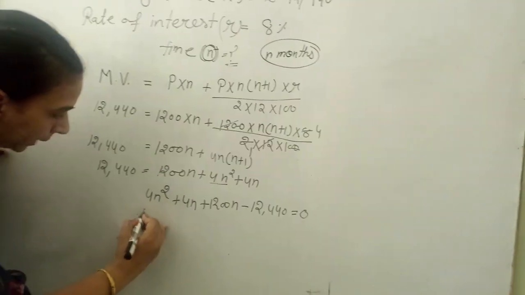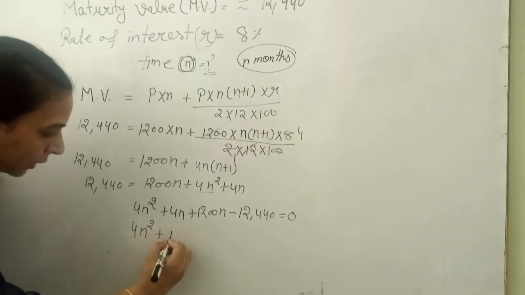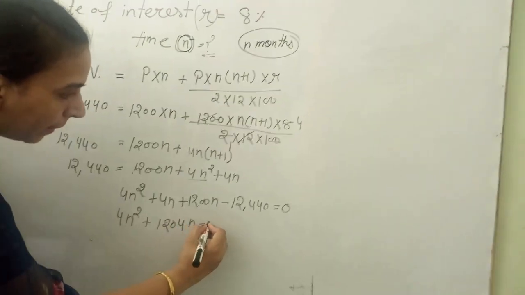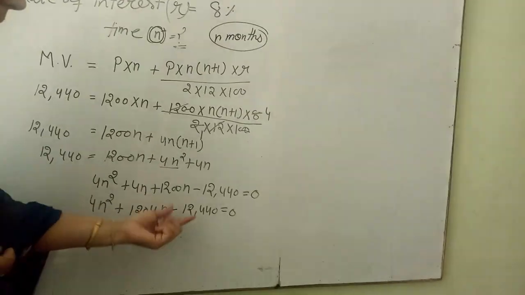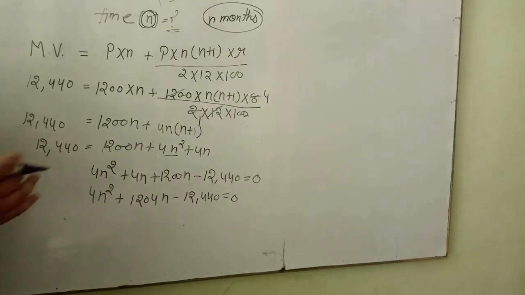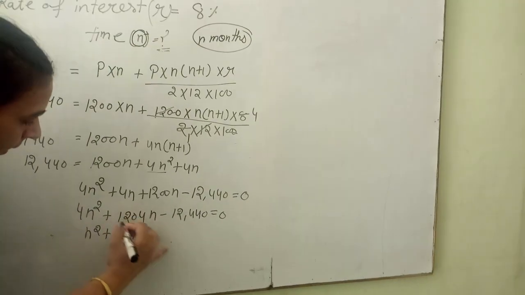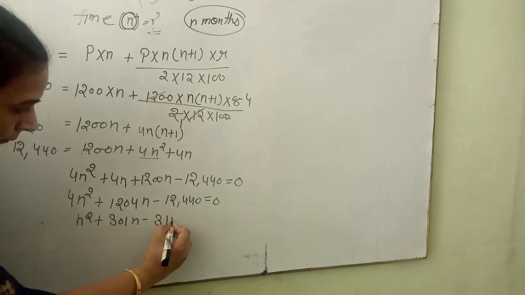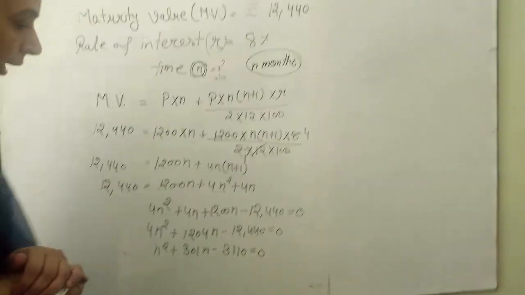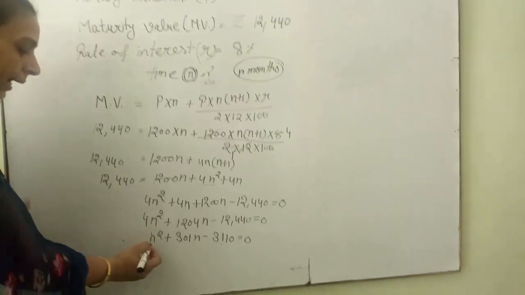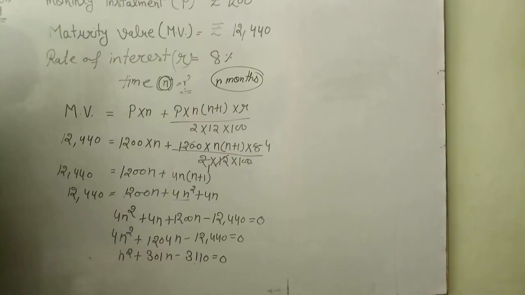Complete: 4n square plus (1200 plus 4)n, which is 1204n, minus 12,440 equal to 0. 4 is common in all the terms, so cancel 4 throughout: n square plus 301n minus 3110 equal to 0.